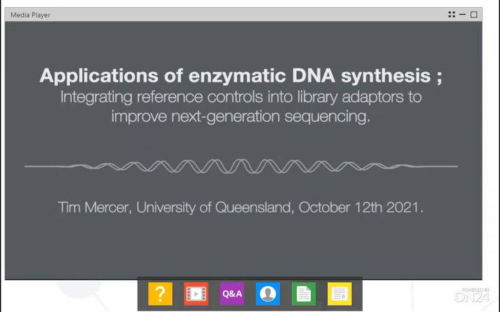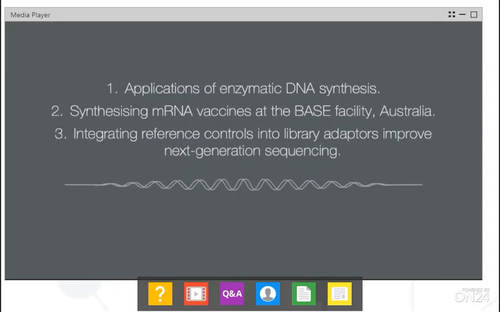So today I want to talk about the applications of enzymatic DNA synthesis, and specifically how we integrated reference controls into library adapters to try and improve next generation sequencing. And the way I want to do this is, firstly, I want to describe some of the foremost applications of the new enzymatic DNA synthesis capabilities of the DNAScript technology.